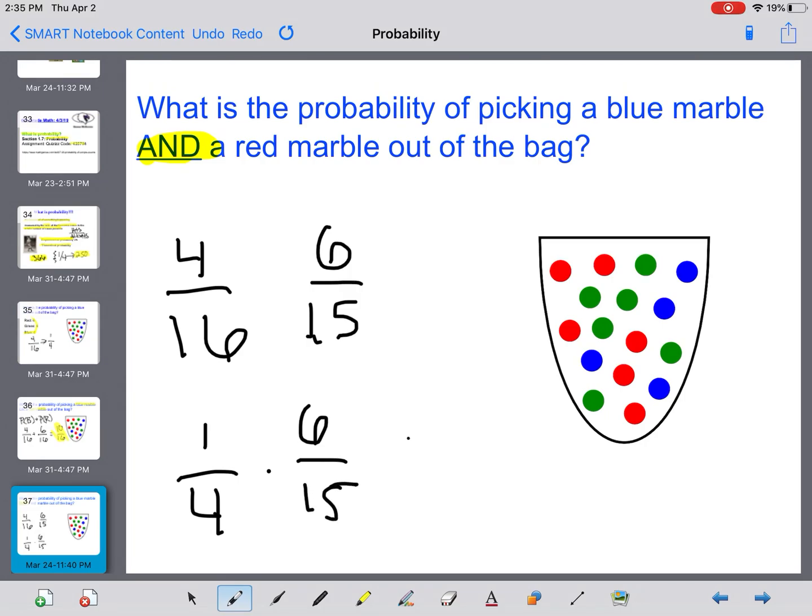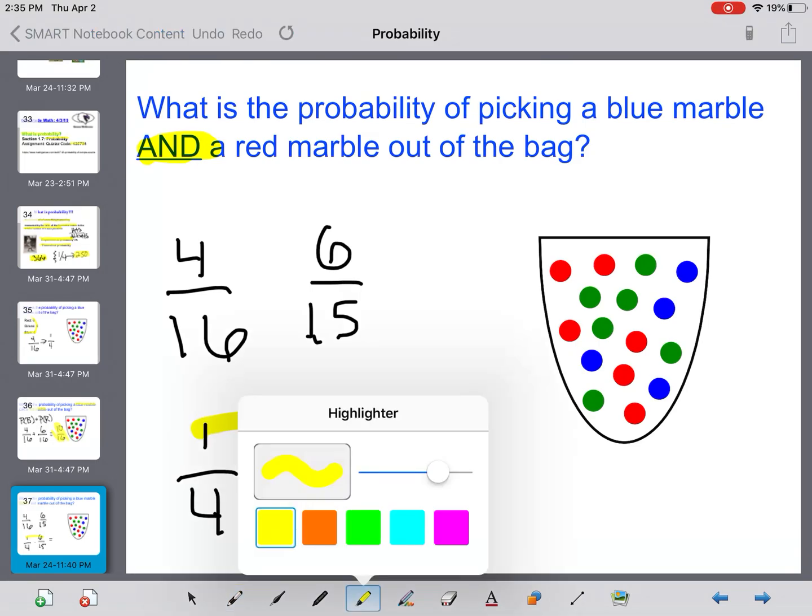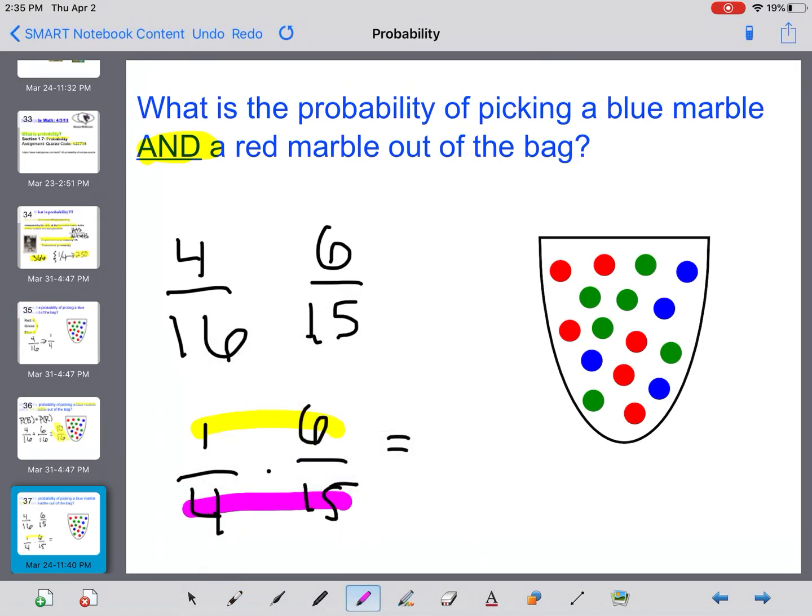Our answer is going to be, well, we multiply across here, and we multiply across here. So we're going to have 6. 4 times 15 is 60. Okay. And if we want to simplify that, it would be 1/10.